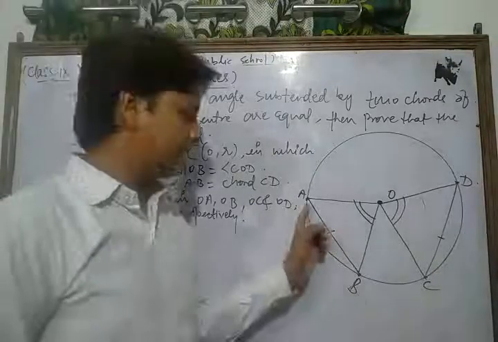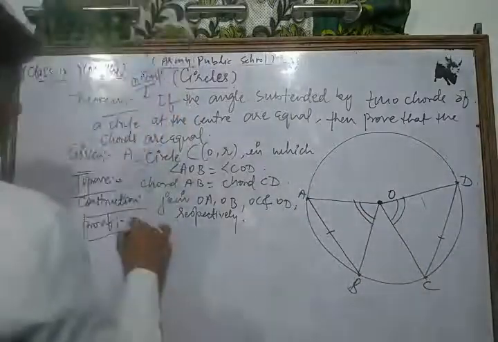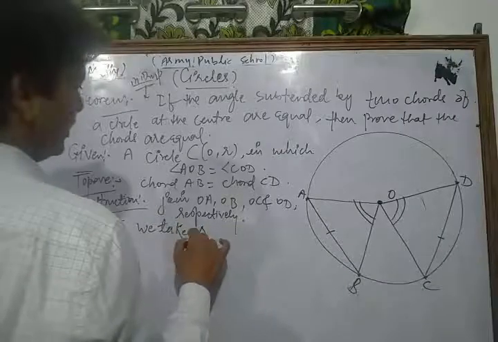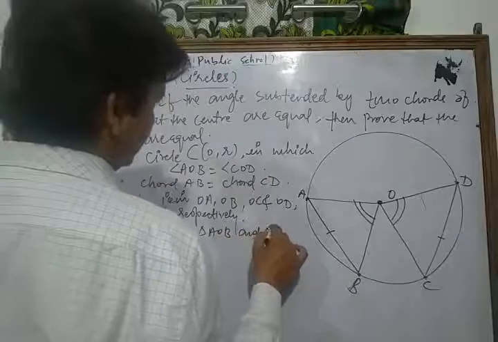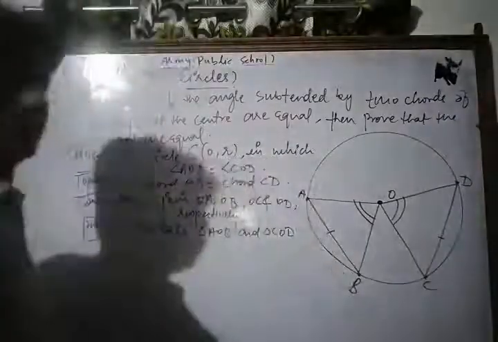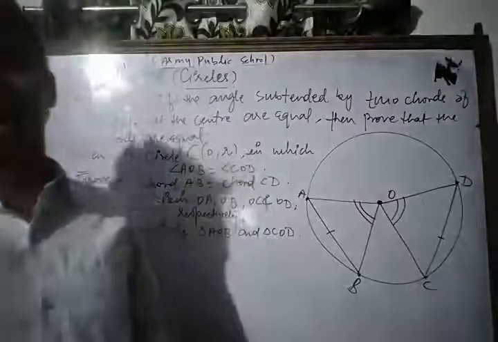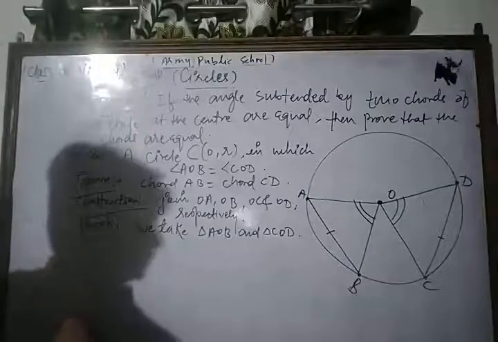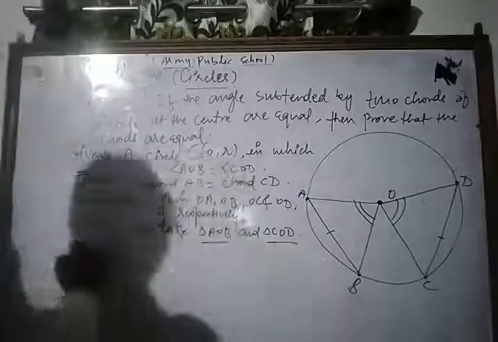Now dear student, we take triangle AOB and triangle COD. Within triangles AOB and COD we have what?